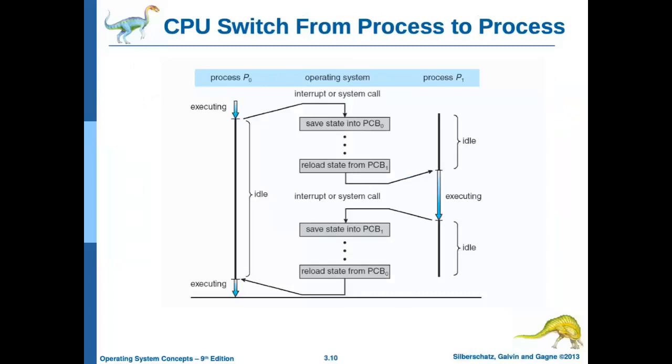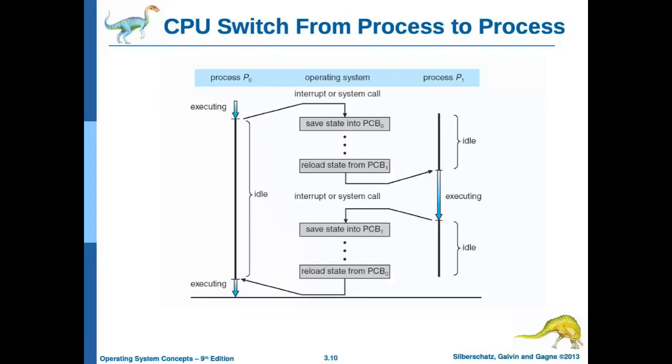Now this is the context switching, you call it as, or CPU switch, whenever you are switching from one process to other process. Now this is actually very simple thing.